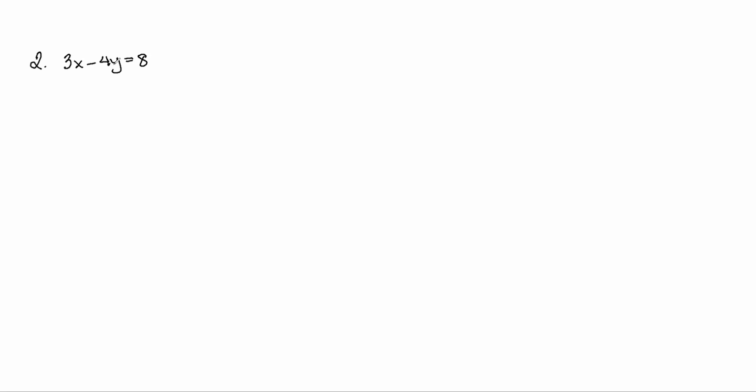So I'm going to go ahead and move this 3x over. So subtract 3x. Cancel those out. We're left with negative 4y. And remember, to put this in mx plus b form, I'm going to put the x term first. So negative 3x plus 8 because it's positive. And now divide every single term by negative 4.